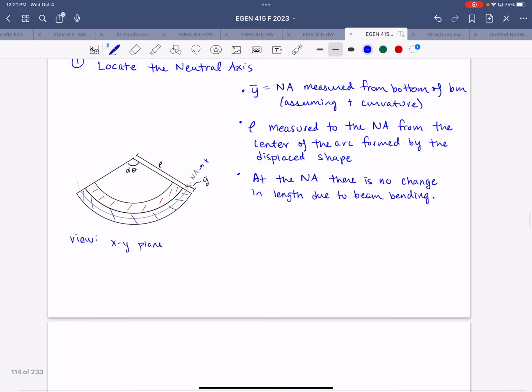So using that, we can relate the strain along the depth of the cross-section, the longitudinal strain specifically.